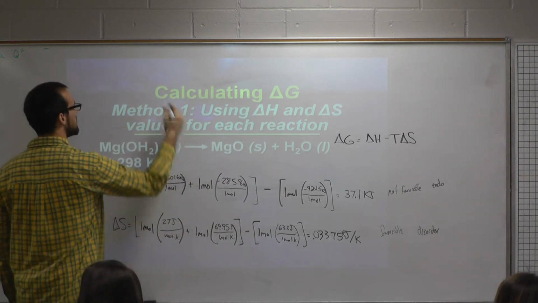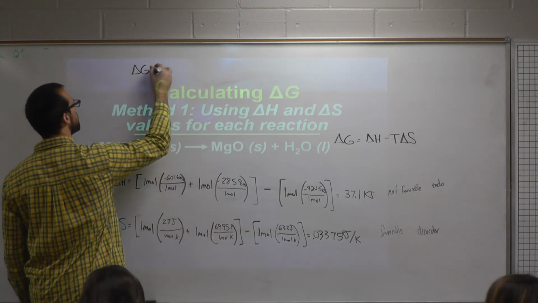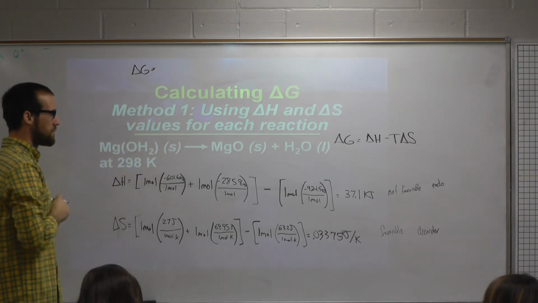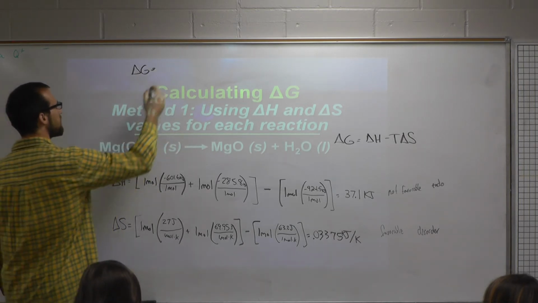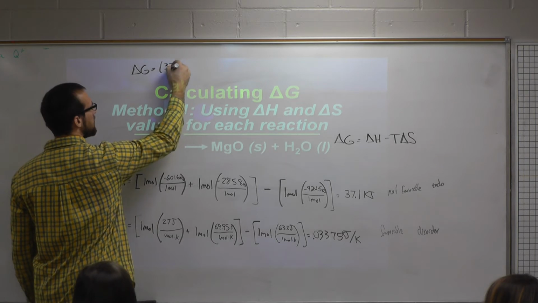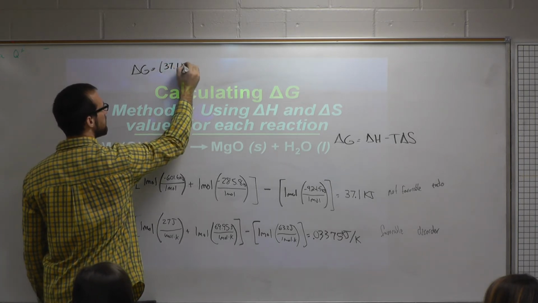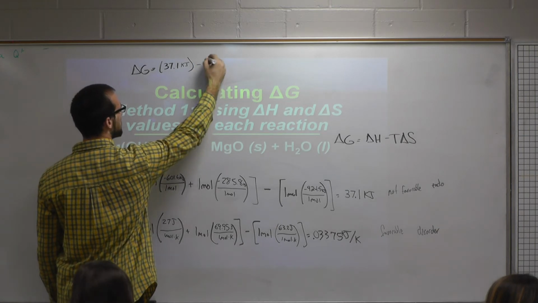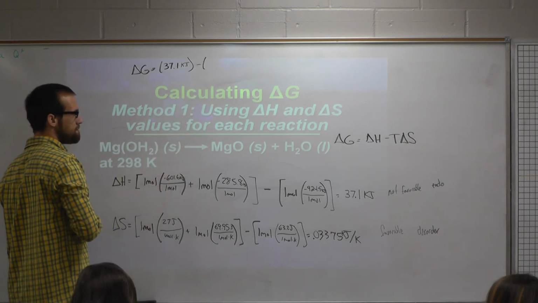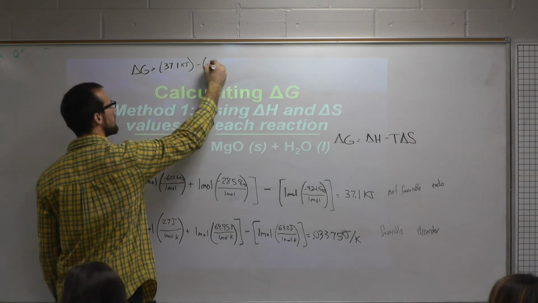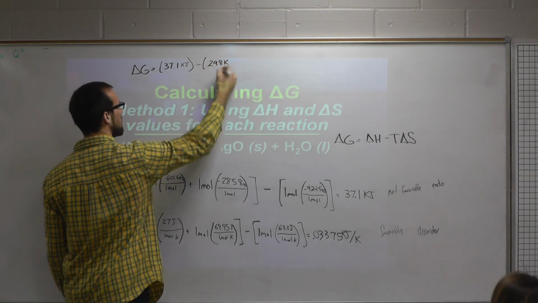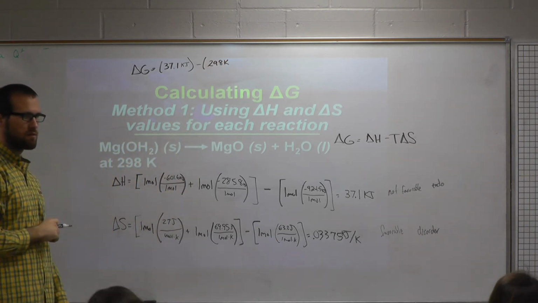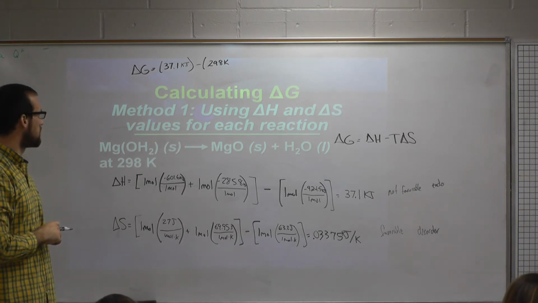Let's plug in our change in G. 37.1 minus, what's my temperature? 298 Kelvin. Why is it not 2? Because it's standard state.